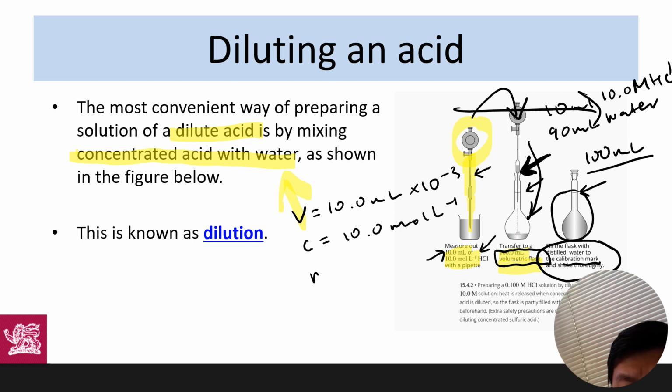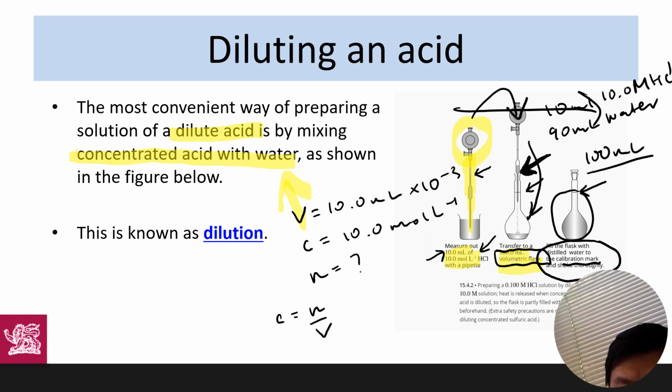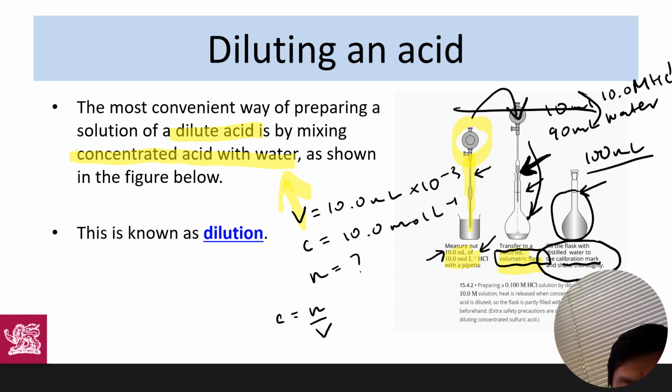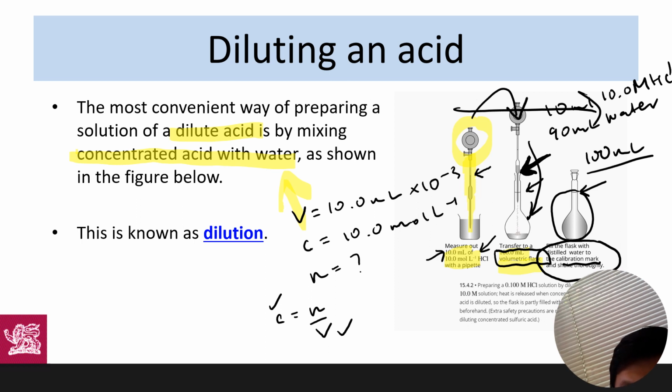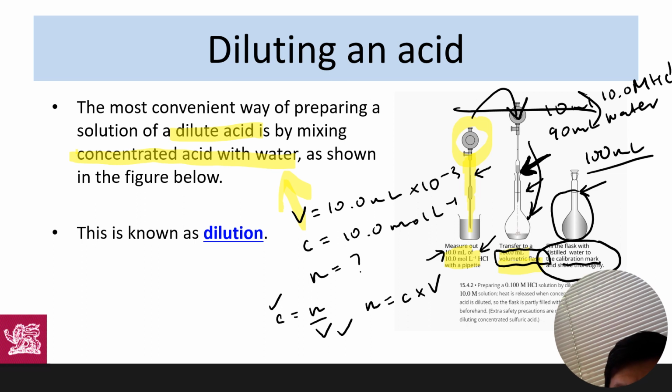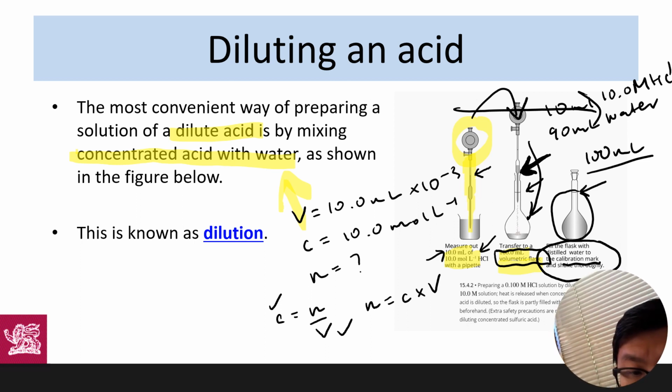Therefore, we can find out number of moles because we know there's a connection between those three variables. Because I know concentration and volume, if I multiply both sides by volume, I would get the formula to rearrange to become this. And then I can find out how many moles of HCl is in that 10 mil.